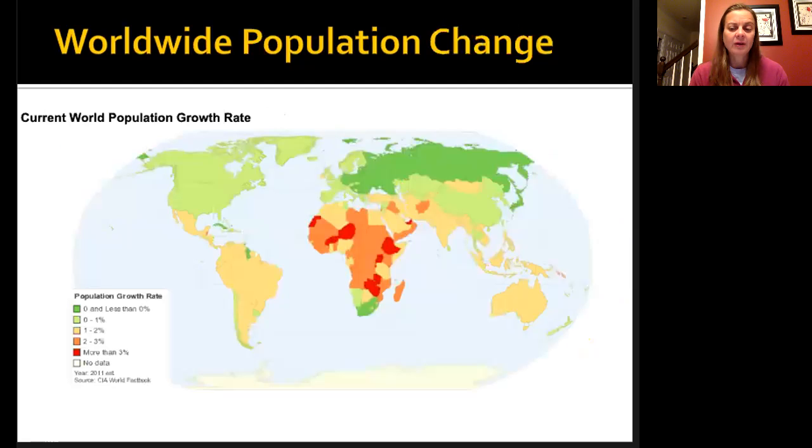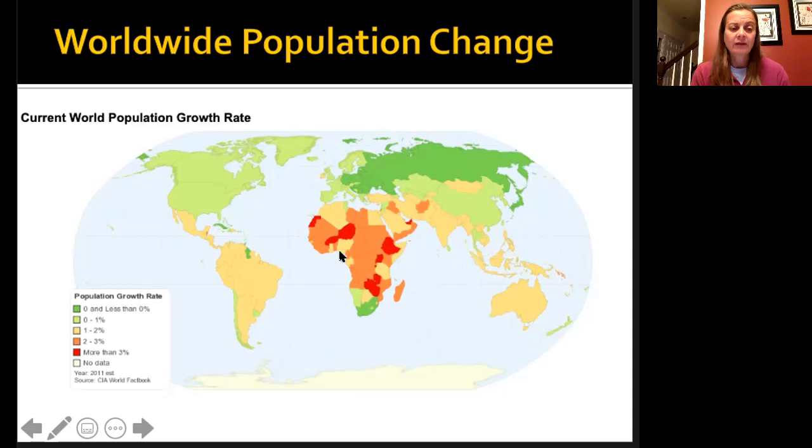And then let's talk about growth rate. So, growth rate is, again, that percentage change. So you can see that most of Eastern Europe and Russia is very low. Most of the US, Western Europe, and China also have low population growth rates.